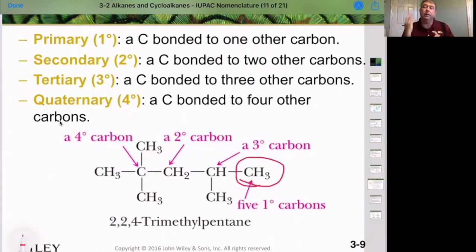So we have a carbon bonded to 3 hydrogens, but it's also bonded to 1 carbon, okay? So that means that that one is a primary carbon because that carbon's only bonded to 1 other carbon. If the carbon is bonded to 2 other carbons, that makes it a secondary, okay? And that's what this little thing right here means, secondary right here.